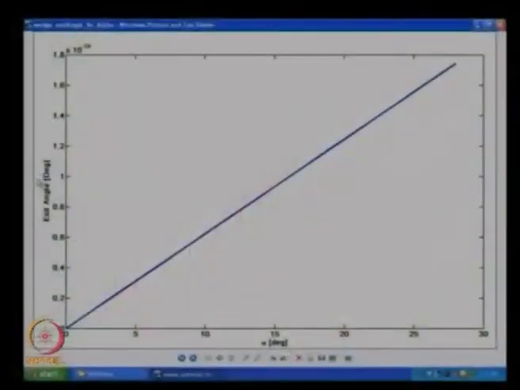I am plotting the exit angle, the delta, the downward angle, the downwash angle if you want to think about, versus alpha, the angle of attack, for a 10-degree in all directions wedge. Okay. For a flow of Mach 2, what I am saying is number is increasing slowly. In fact, it increases almost very linearly, and the quantity is 10 power minus 59 degrees.